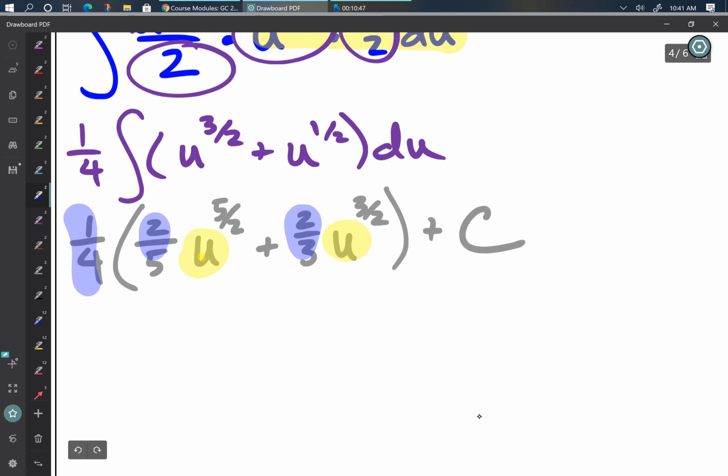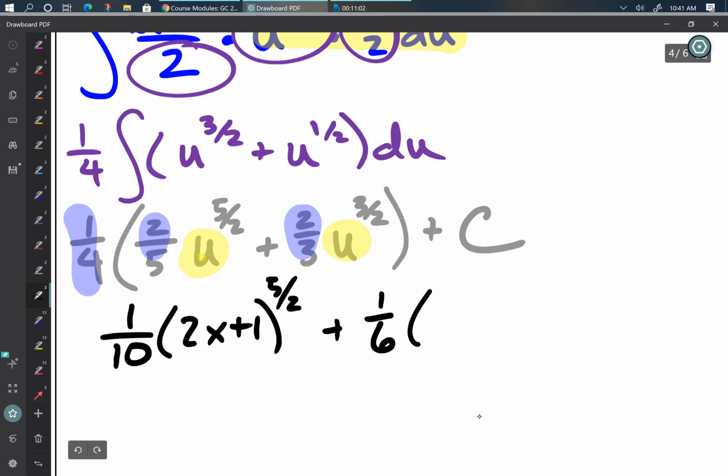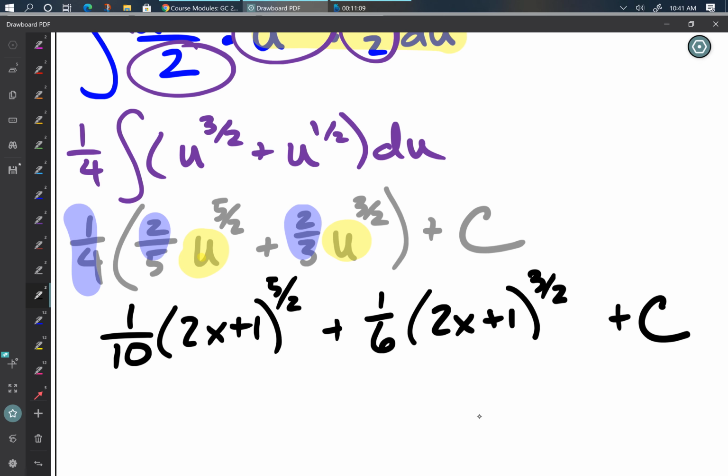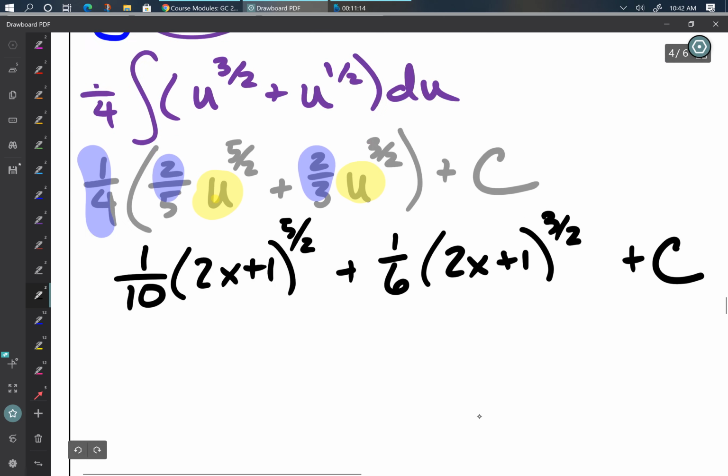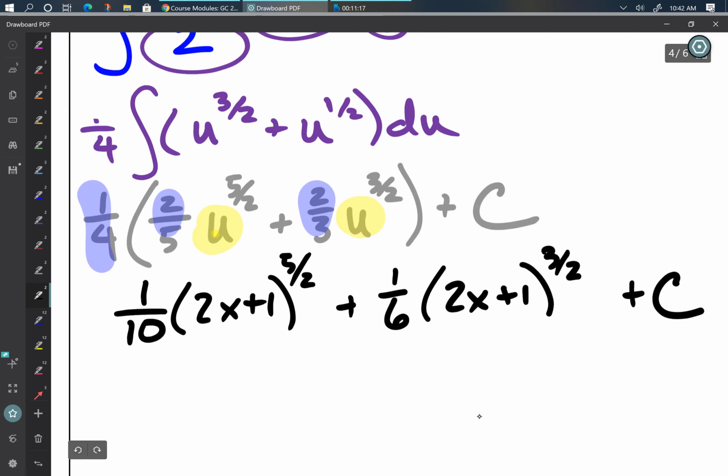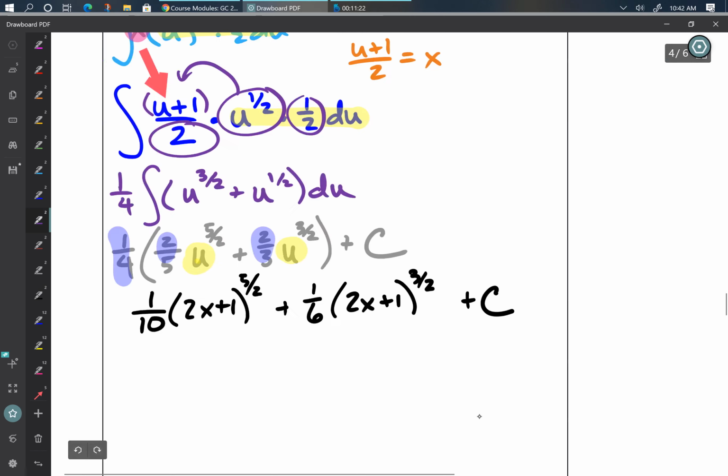And so now when I distribute, I'm going to get, let's see, 1/4 times 2/5 is 1/10 of (2x minus 1) to the 5/2 plus 1/6 times (2x minus 1) to the 3/2, and then plus c. And I have done my integration. Why did that 1 disappear right there? I'm going to put that back in. Okay, I've done my integration.